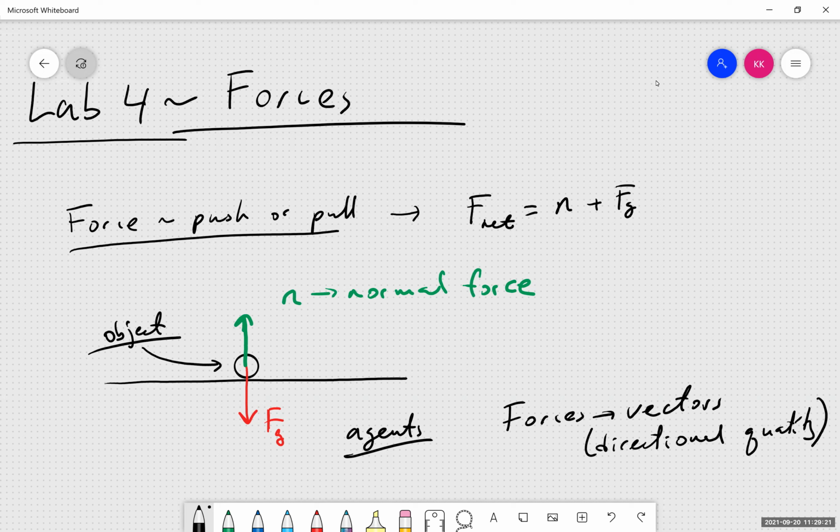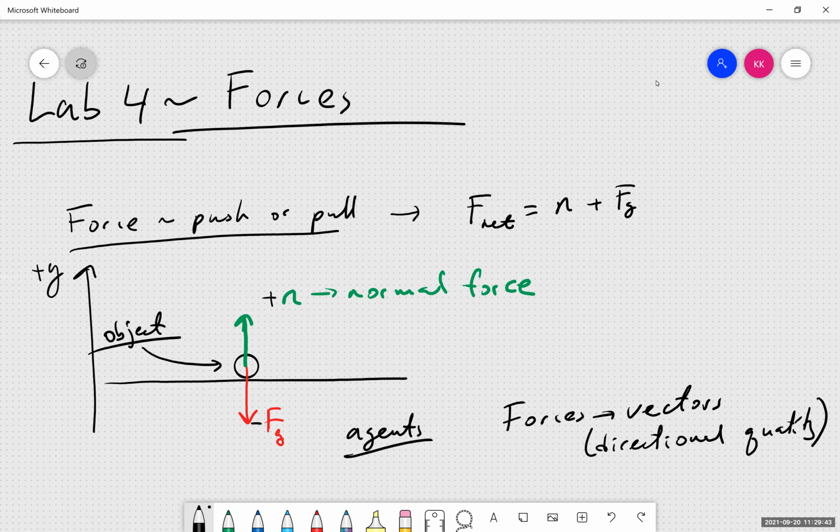Meaning that if you take one direction to be positive, in this case, for example, I'm going to say up is positive. Any force that is up is positive. So in this case, normal force is positive. Any force that is down is negative. In this case, gravity is negative.